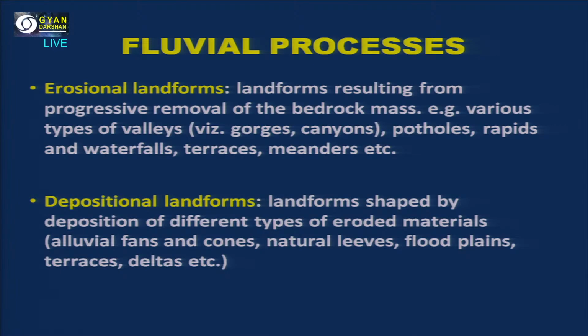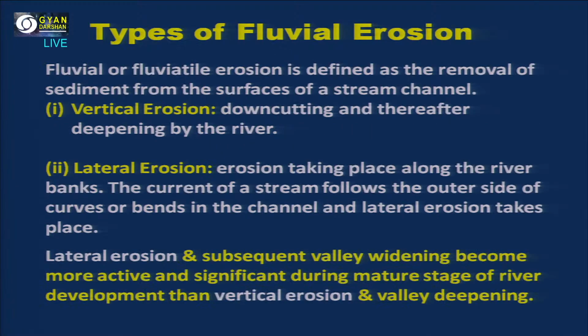So there are types of fluvial erosion. There are three types: vertical erosion, lateral erosion, then headward erosion. Fluvial erosion is defined as the removal of sediments from the surface of the stream channel, as we are discussing it.